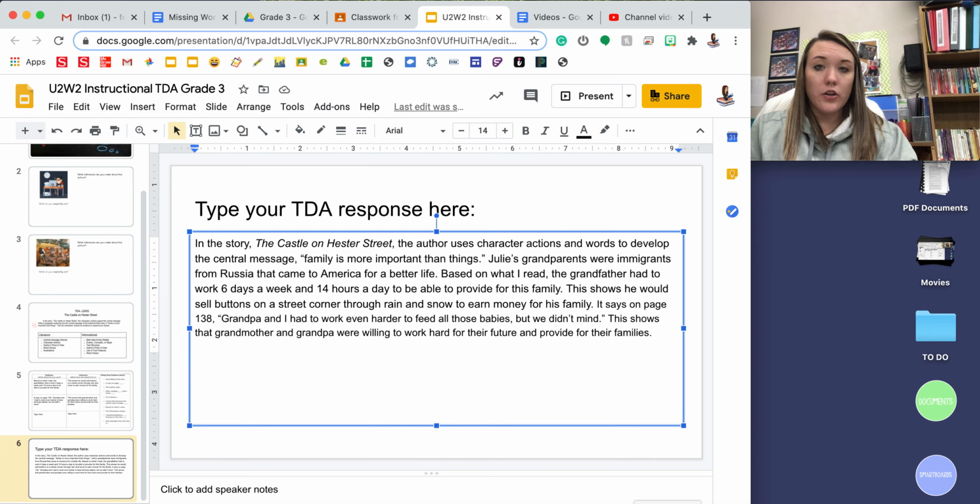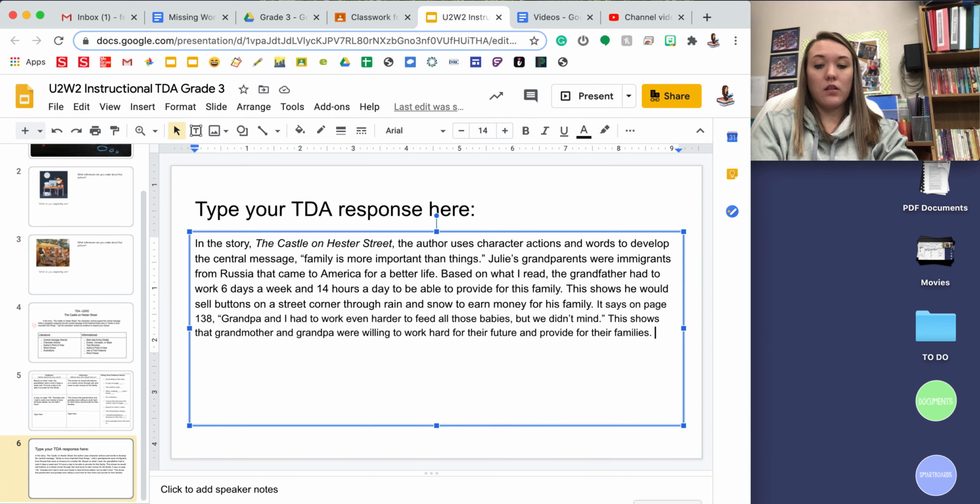Your conclusion and your last sentence is kind of like your introduction. So you are restating the title again, you're restating the elements, and just wrapping it up like a nice present.